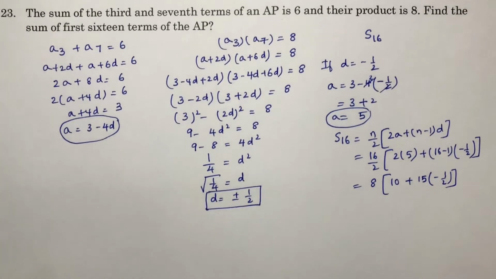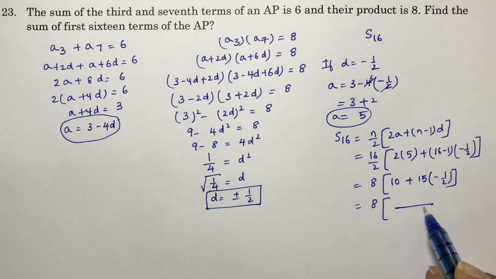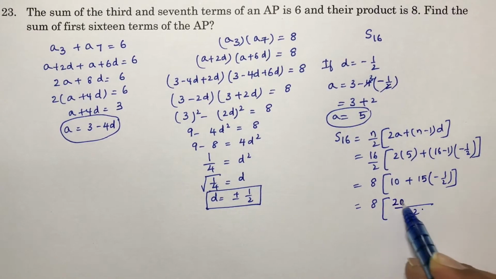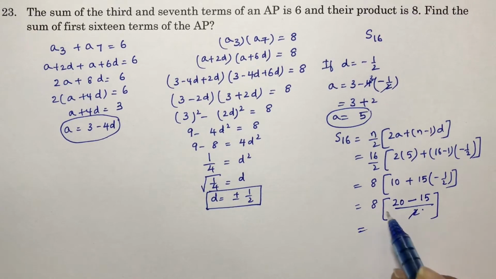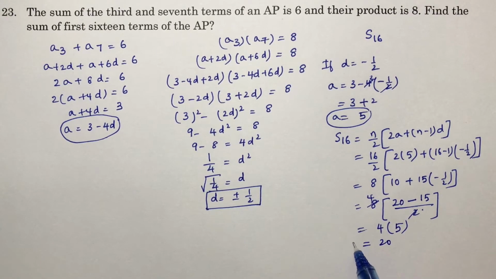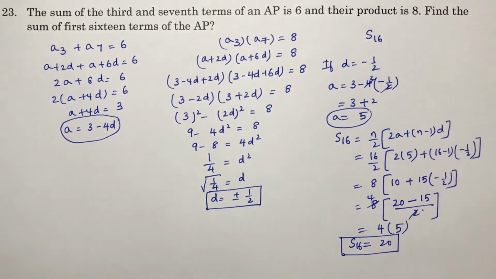If we take LCM 2, 10 into 2, 20, minus 15. So 4 into 20 minus 15 is 5. 4 into 5 is 20. Sum of 16 terms is 20 if D is minus 1 by 2.